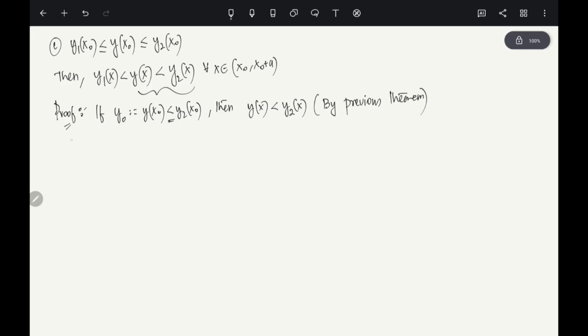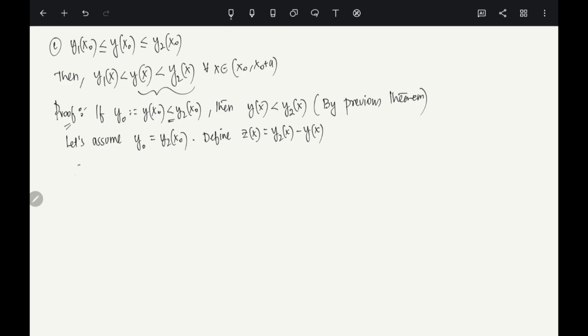Now let's say that they are the same, then what happens? Okay, so let's assume y naught is equal to y2 at the point x naught. Let's just assume that. Then define z of x, which is y2 of x minus y of x. Clear?